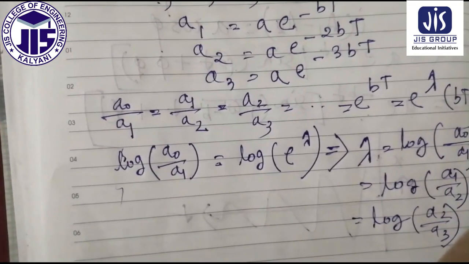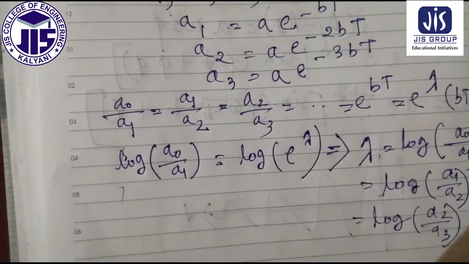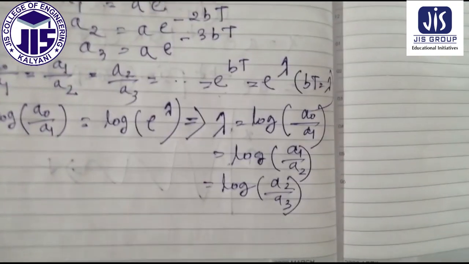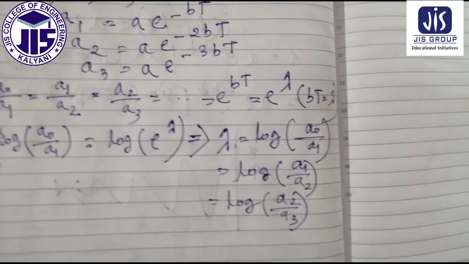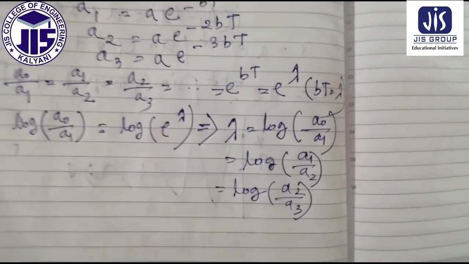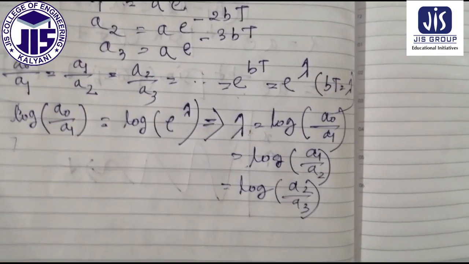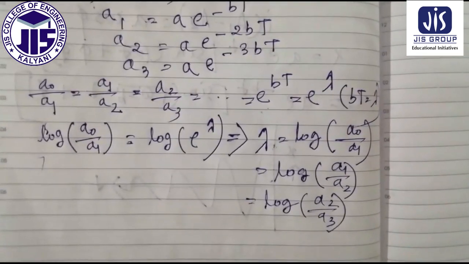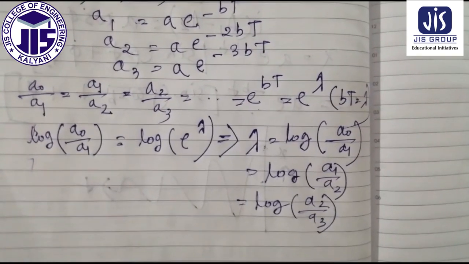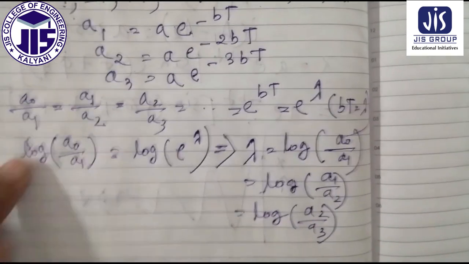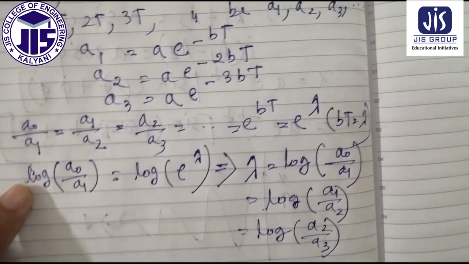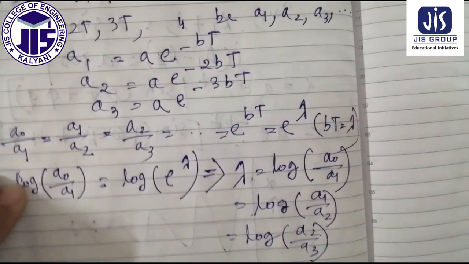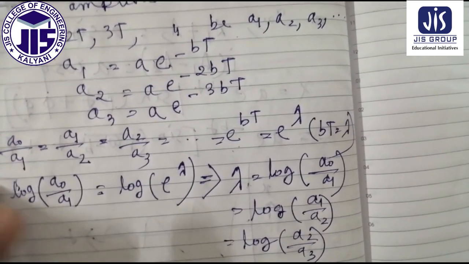One period of oscillation means a0 by a1. That is one period of oscillation. a1 by a2, a2 by a3, so the difference is one period, that is what we are trying to say. So logarithmic decrement may be defined as the natural logarithm of the ratio between two successive amplitudes.